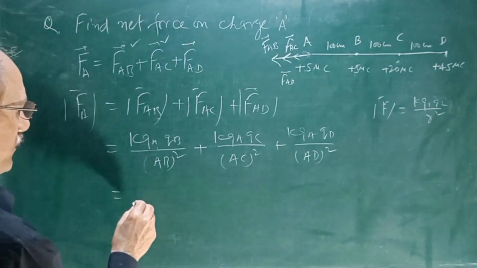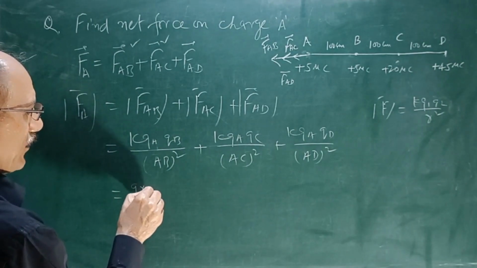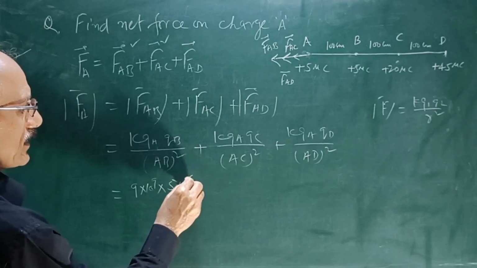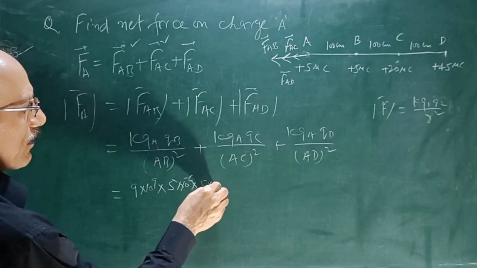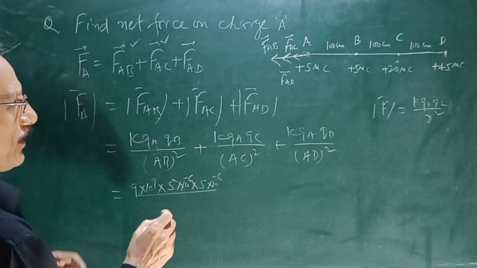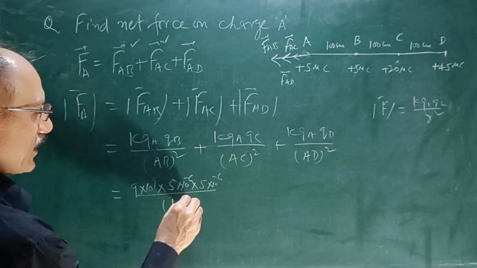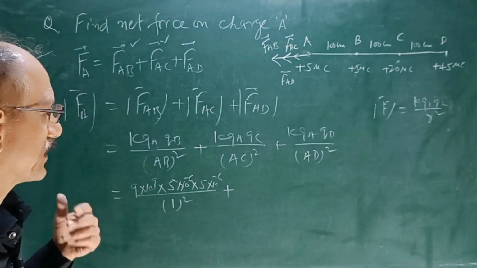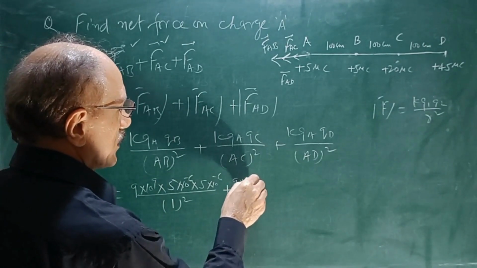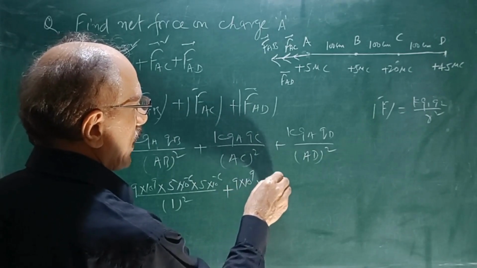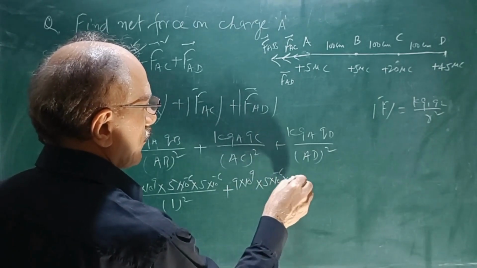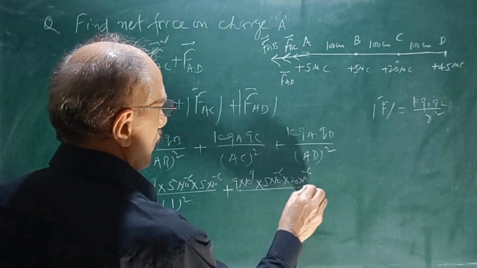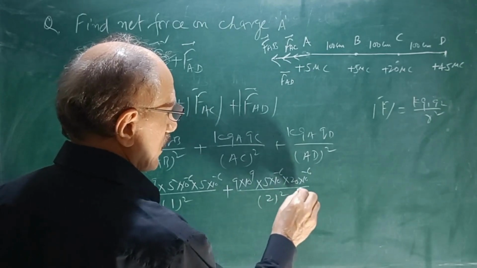Now substituting the values: K is 9 into 10 to the power 9, QA is 5 into 10 to the power minus 6, QB is 5 into 10 to the power minus 6, upon AB is 100 centimeter, that means 1 meter, squared. Plus, because it is all SI system, 9 into 10 to the power 9, QA is again 5 into 10 to the power minus 6 into 20 into 10 to the power minus 6 upon 2 squared.